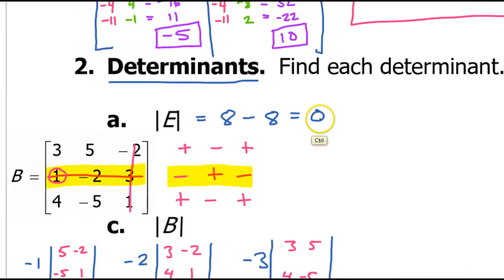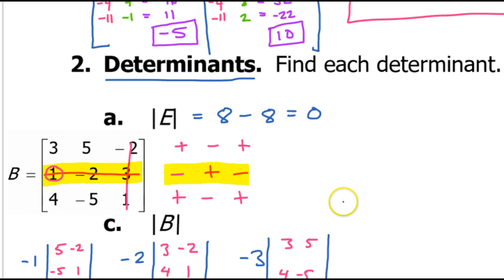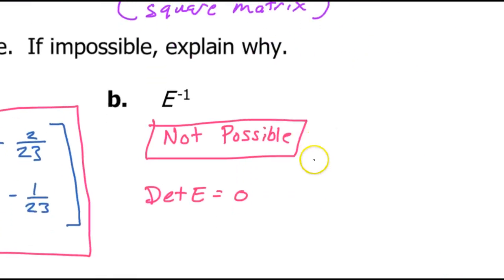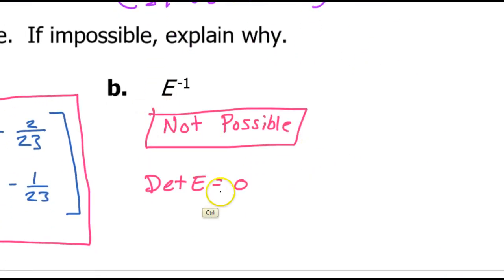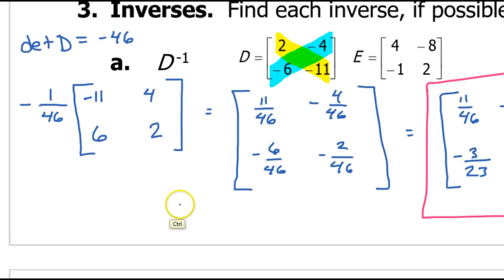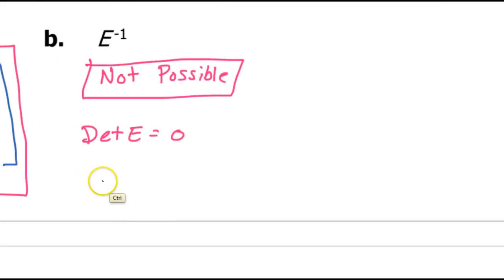All right, the determinant of matrix E we found to be 0. And you can't do the inverse if the determinant is 0, which makes sense because the first step of doing the inverse is to do the reciprocal of the determinant. So if the determinant is 0, that's going to give you 1 over 0, and that's undefined.